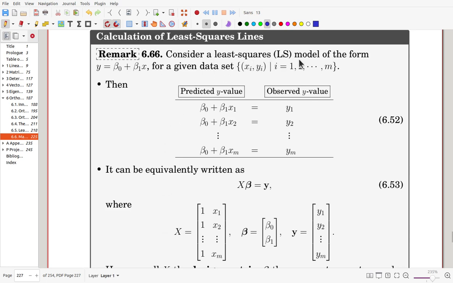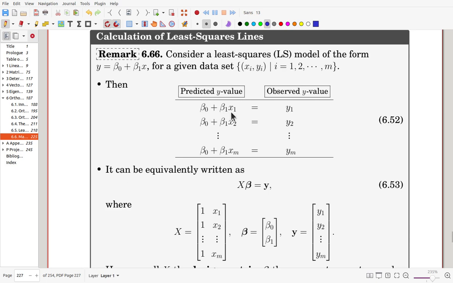Consider a least squares model of the form y = beta 0 + beta 1 x for a given data set (xi, yi), i from 1 to m. If we use the first point, i is 1, then here (x1, y1). But once we assume that beta 0, beta 1 are already known, then this will make a predicted value along the line.